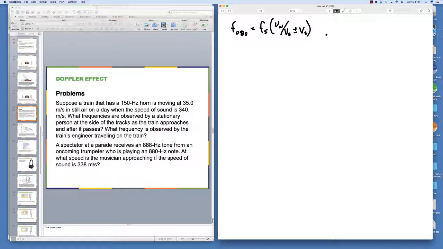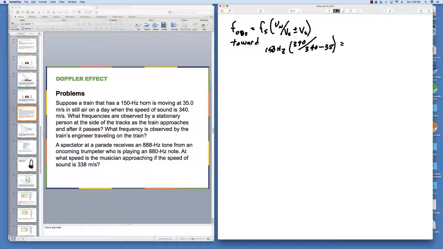Now in this case, we'll start out looking at toward. When the source is moving toward, this is a minus. So we have 150, which is the source frequency, times 340 divided by 340 minus 35.